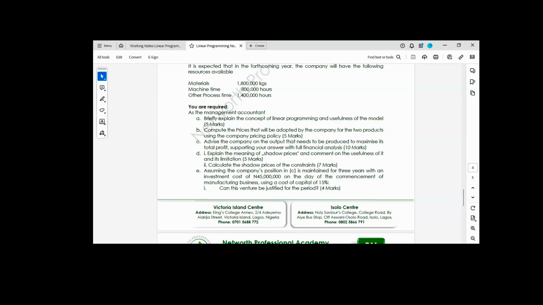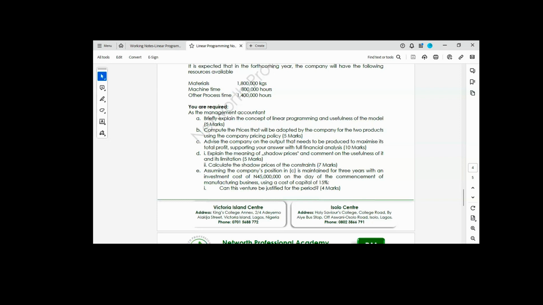Then how do you calculate contribution margin? Just like I have defined it, contribution margin is calculated as total sales minus total variable costs. So that will give you total contribution margin.